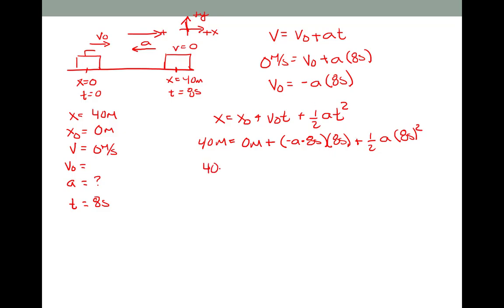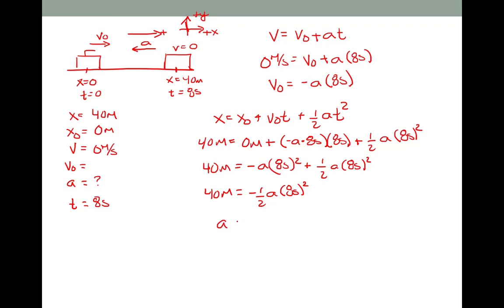Okay, so 40 meters equals negative a times 8 seconds times 8 seconds. So that's negative a times 8 seconds squared plus 1/2 a times 8 seconds squared. Or in other words, it is negative 1/2 a times 8 seconds squared. Negative 1 plus 1/2 is negative 1/2. That all equals 40 meters.